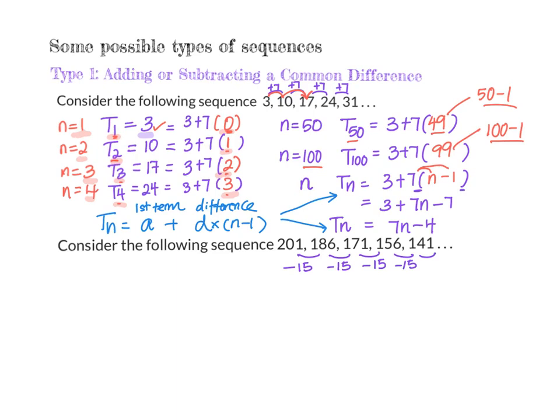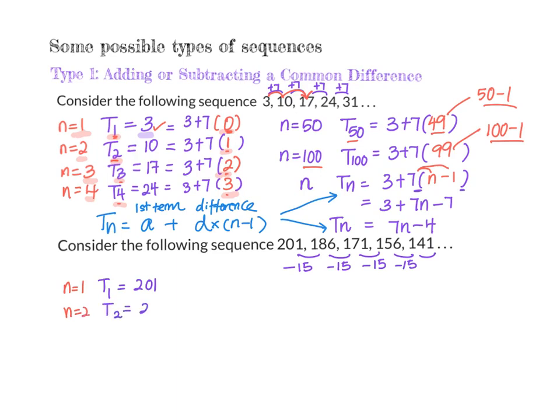So now let's consider the following. If I were to use this pattern, let's take a look. When n equals to 1, that means I will have term 1. The number was 201. When n equals to 2, that's term 2.